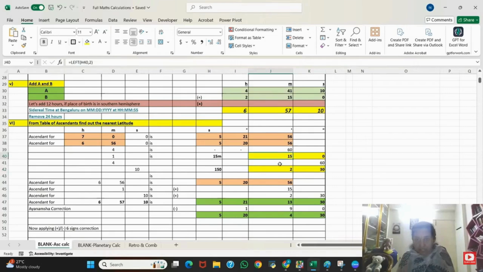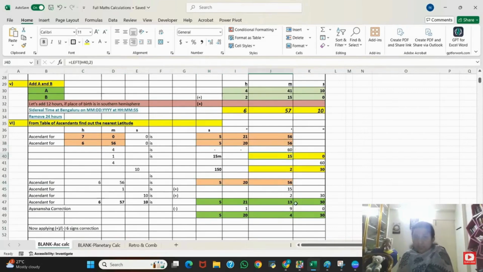So 15 minutes plus 2 minutes 30 seconds, total 17 minutes 30 seconds, we need to add to the 5 sign 20 degree 56 minutes. For 6 hours 56 minutes sidereal time, we have this sign, degree, minute as per the Kundli: 5 sign passed 20 degree 56 minutes.